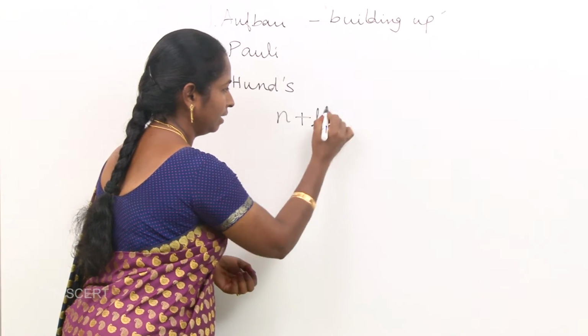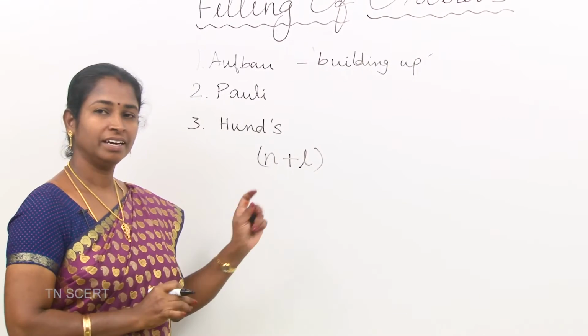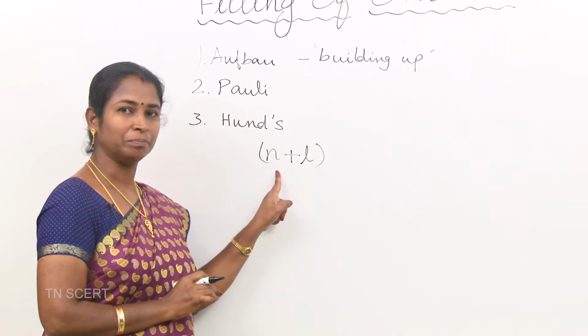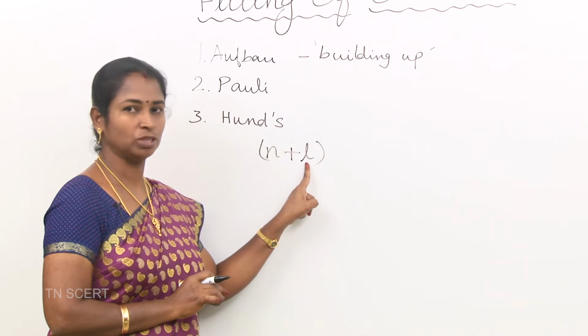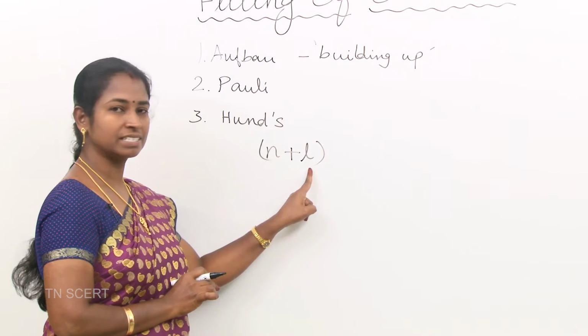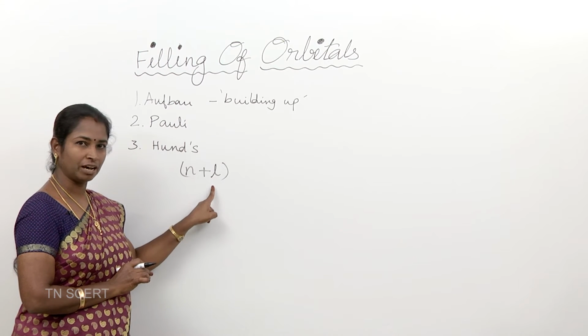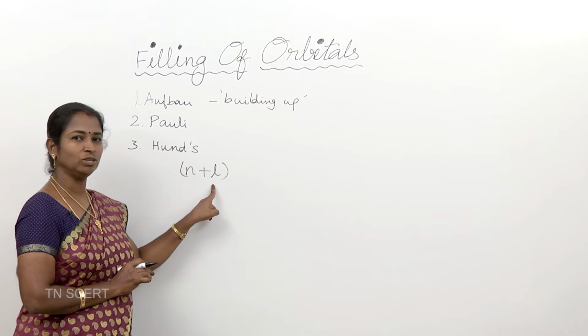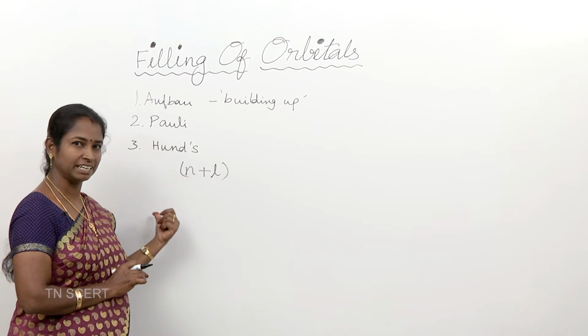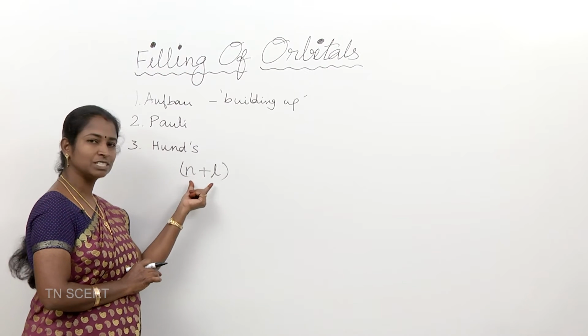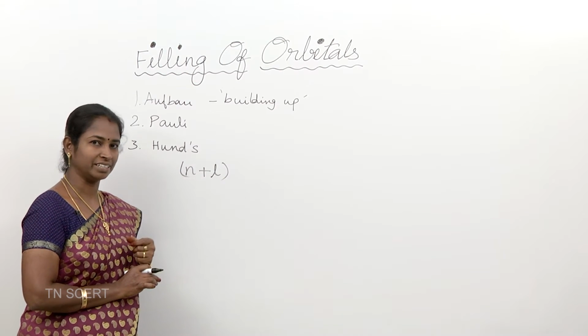Here n is the principal quantum number and l is the azimuthal quantum number. What does this rule say? If you add the n and l values for a particular orbital, if the total value is less, it corresponds to a lower energy orbital. If the value is more, it corresponds to a higher energy orbital.